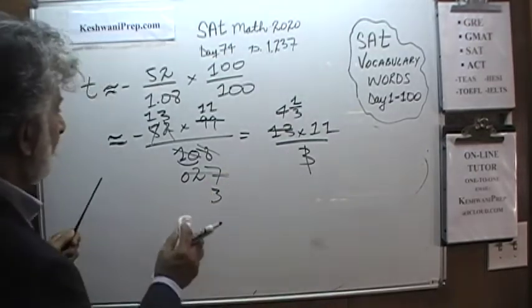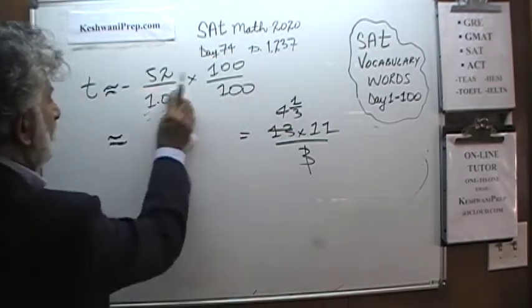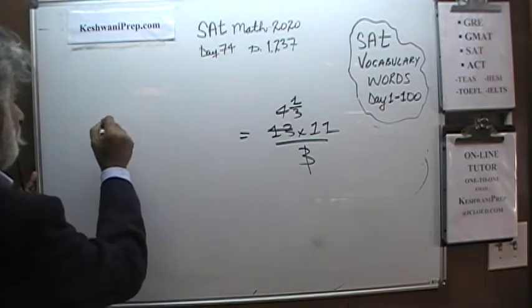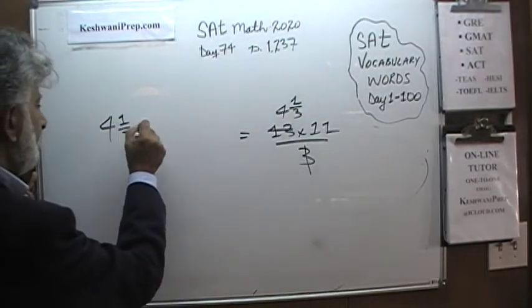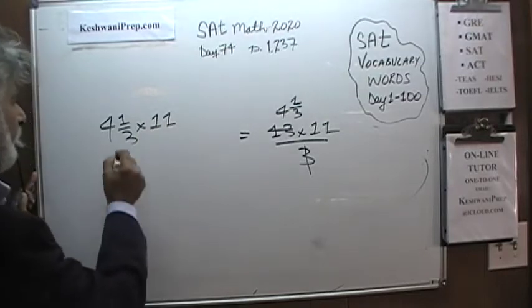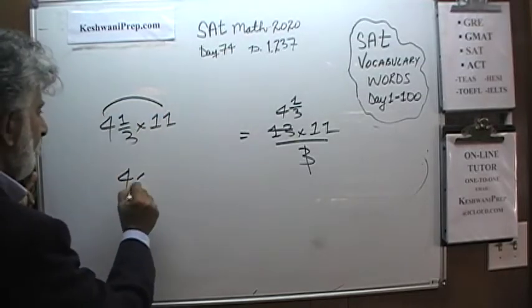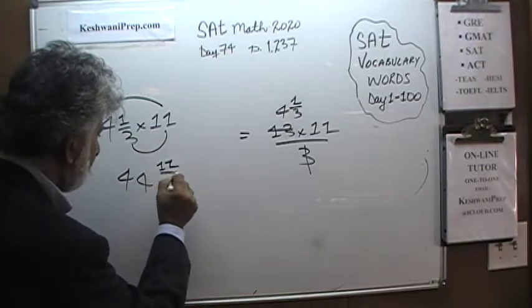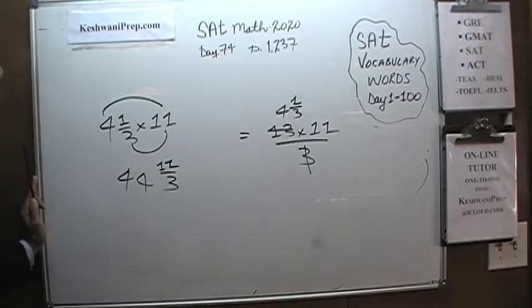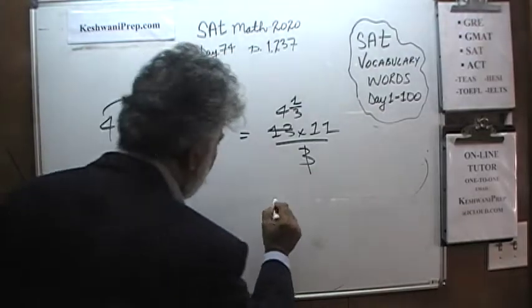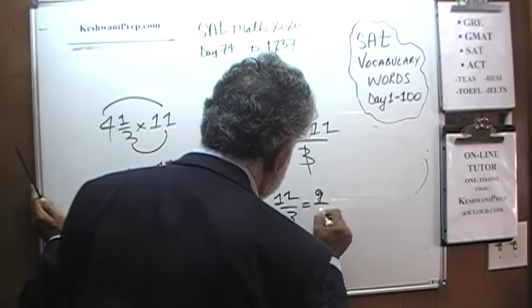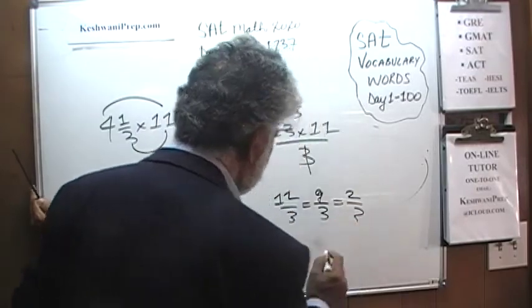4 and 1/3 times 11. And we are done. 4 times 11 is 44, and 1/3 times 11 is going to be 11/3. 11/3 can be written as 9/3 and 2/3.